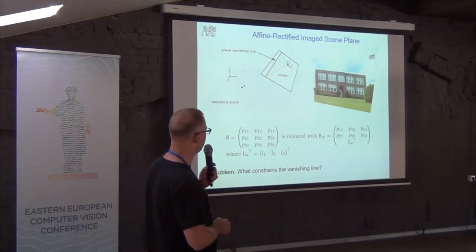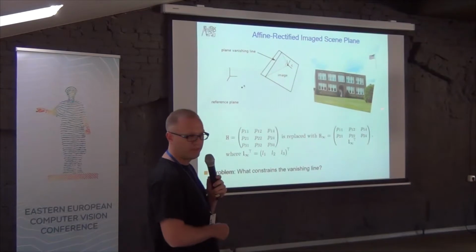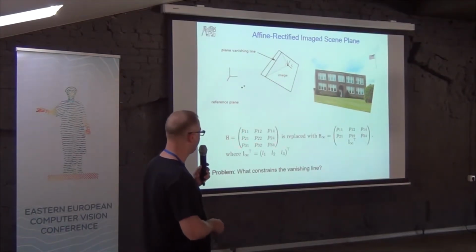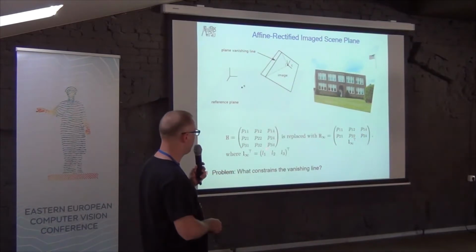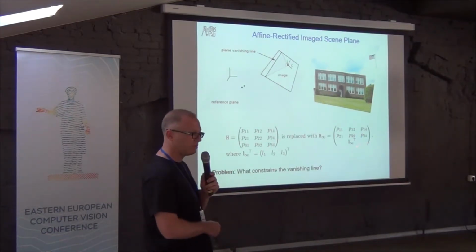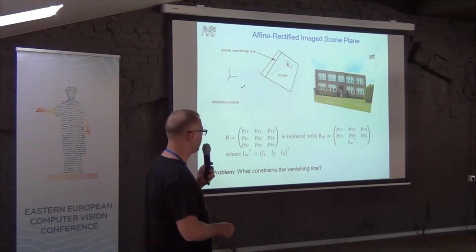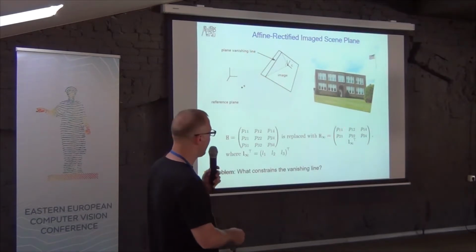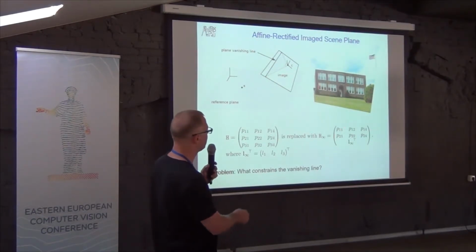And that plane is also parallel to the reference plane. It happens to be. And that's done by replacing the third row of the camera matrix that you started off with by the vanishing line. So this particular vector, which is normal to this plane, is denoted L infinity transpose. And that gives you an image that looks like this.